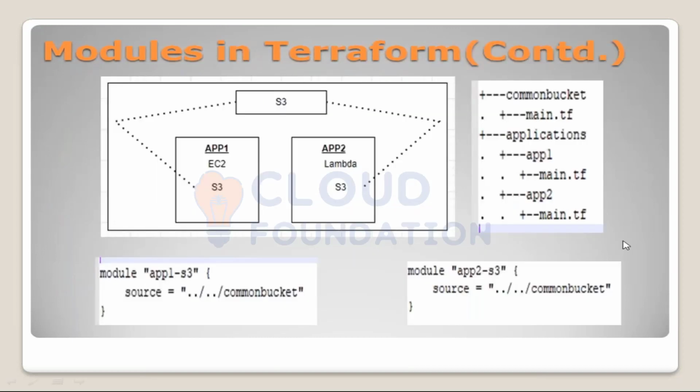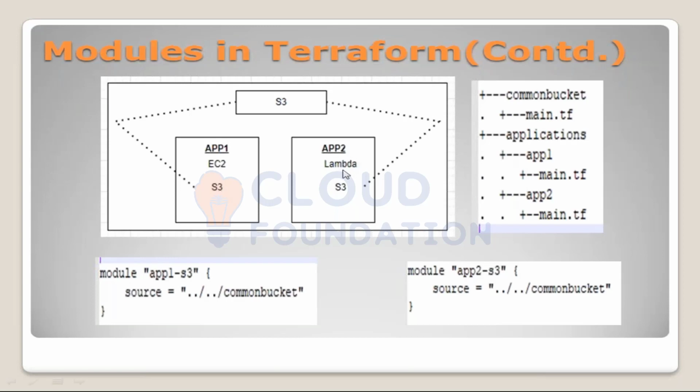Let's look into an example. I have tried to depict it in a diagrammatic way. I have an S3 module, a configuration which I have written, and then I have two applications, app 1 and app 2. Within app 1 you need one EC2 instance and one S3 bucket.